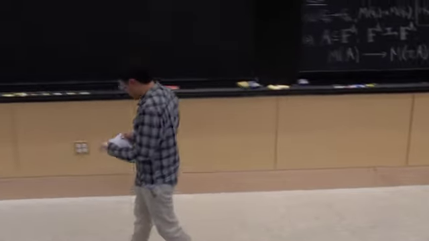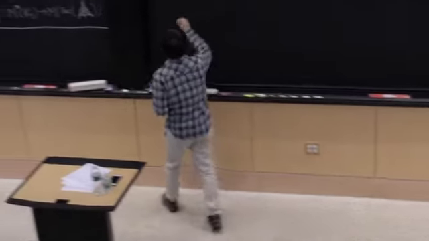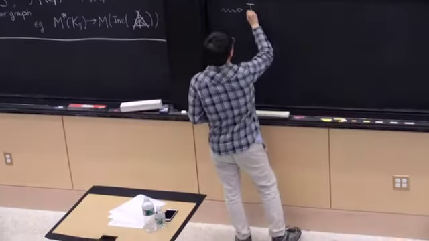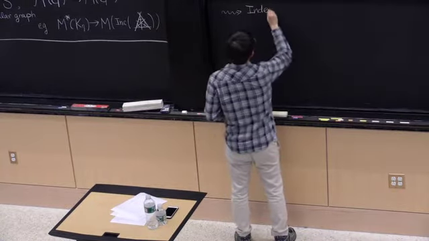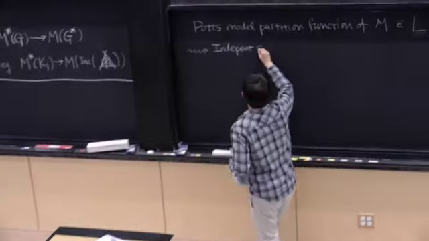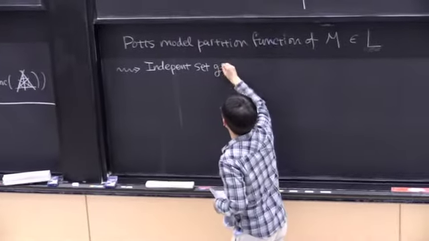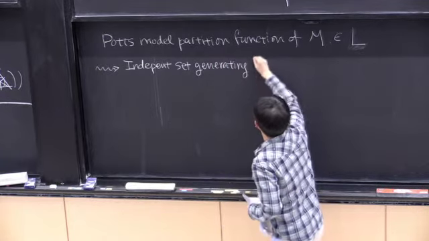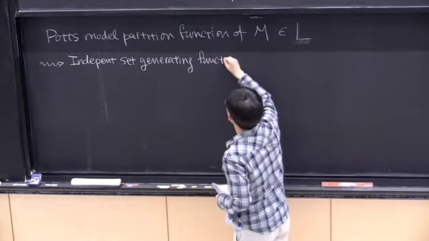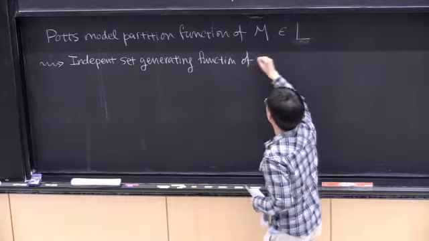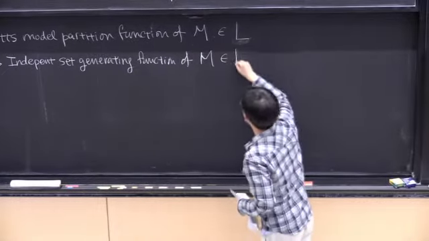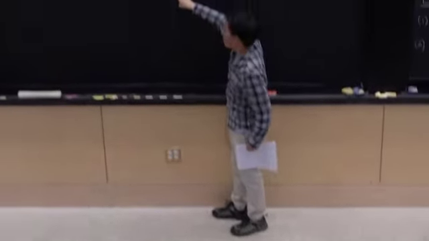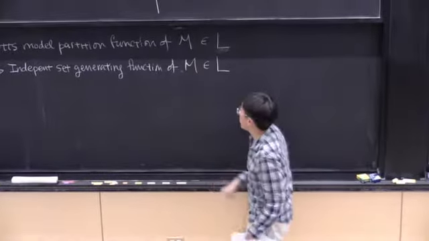And from that, we have derived that the independent set generating function of M is Lorentzian, simply because this is a suitable normalized limit of the former.